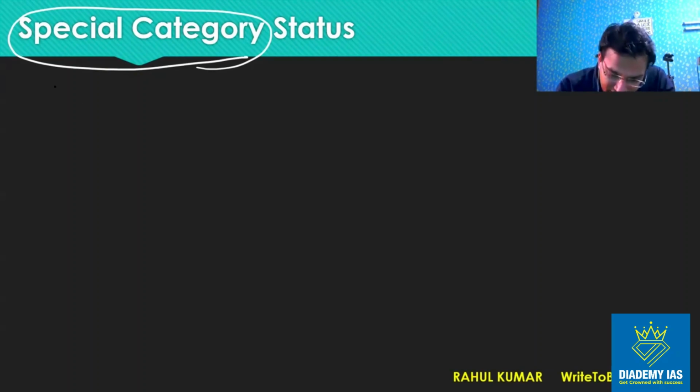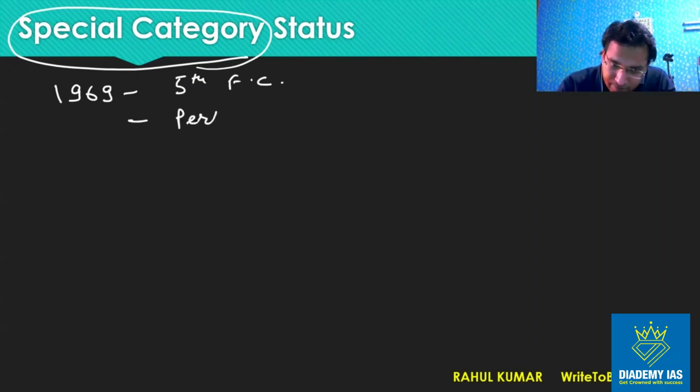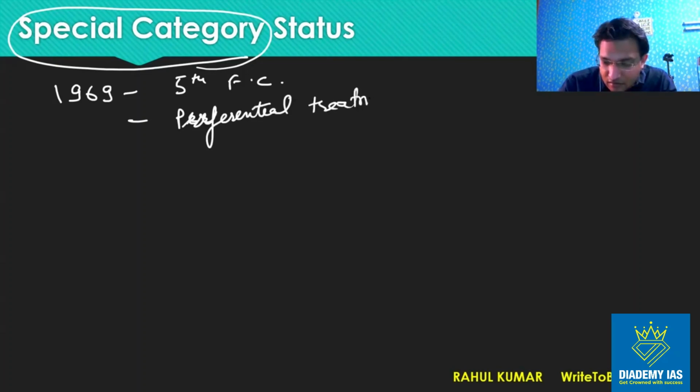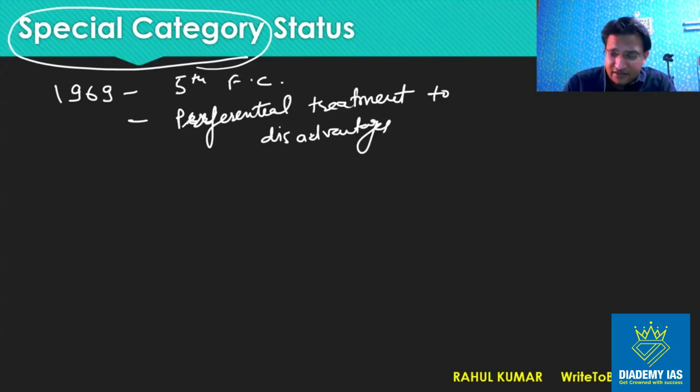So in 1969, for the first time, the Fifth Finance Commission suggested that some preferential treatment should be given to disadvantageous states.